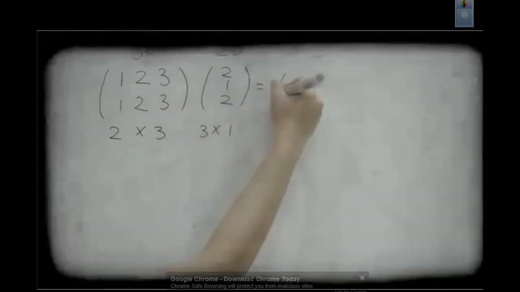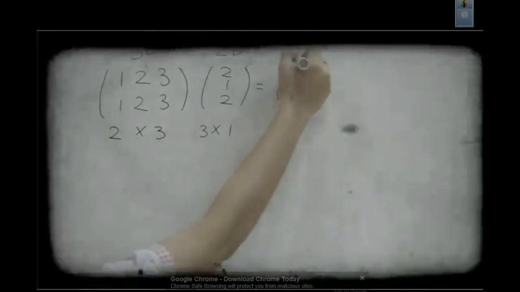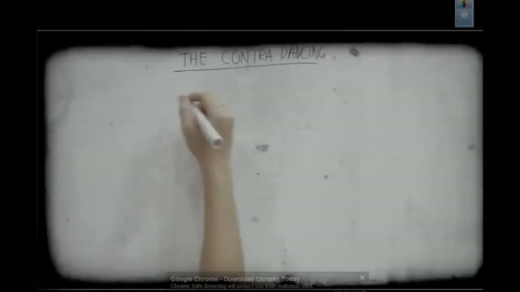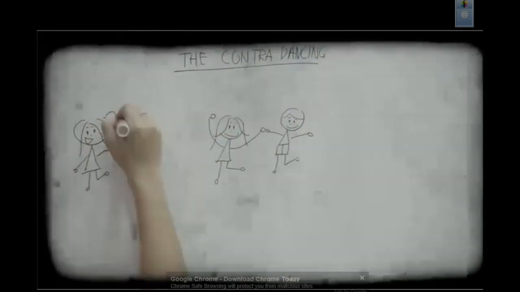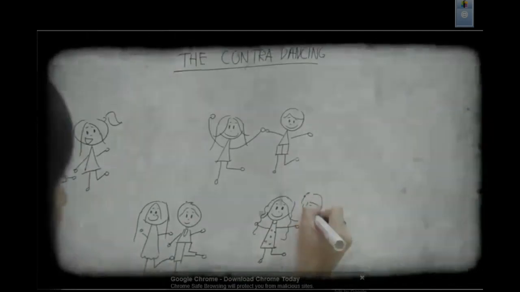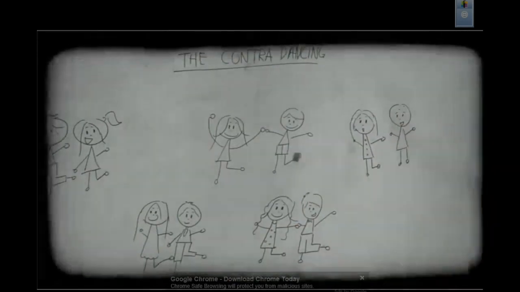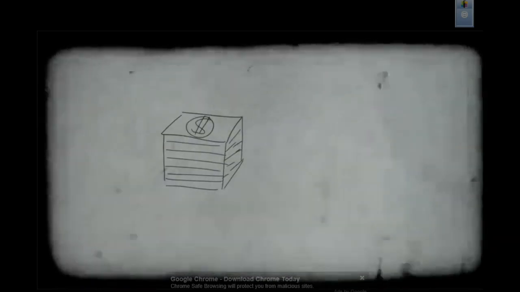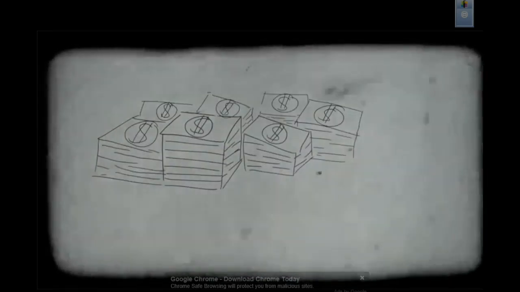It shows that three lines are becoming two matrices. Some matrices are even used to organize complicated groups. The contra dance is a complicated dance, but with the help of matrix, it becomes easy. The last application of matrix is economics and business.